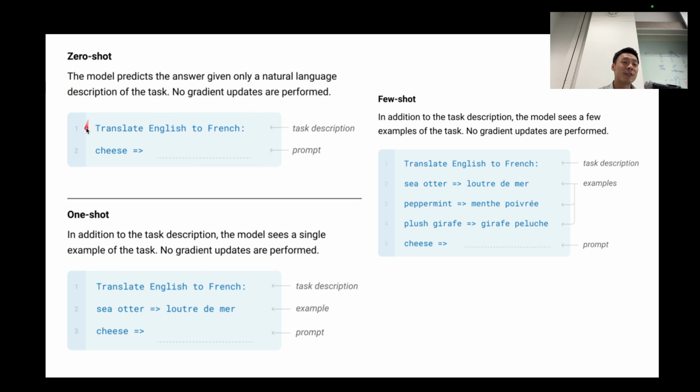So you give it a task description, say translate English to French, and then you give it this kind of symbol. Okay, it will try to fill in the blank for you. It's just very cute. This is what GPT-2 can do. They found it for a few tasks.